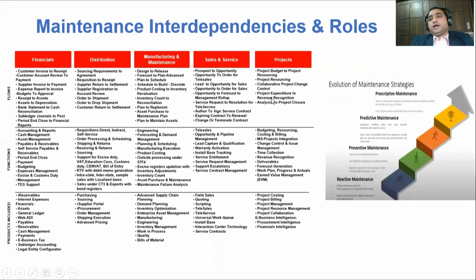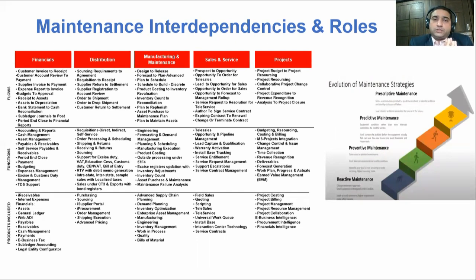Okay, so when it comes to the maintenance department, we have talked a lot about the maintenance department, guys. But then again, the maintenance department does not work in silos. Okay, it is closely integrated with the overall function of the organization, and it is one of the functions which generally you can categorize along with manufacturing.